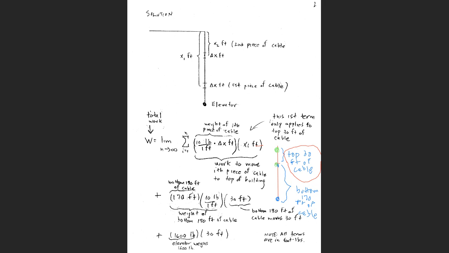I want to draw it kind of nice here. Here's the top of the building right here. Does the top 30 feet of cable reach the top of the building if the elevator moves up 30 feet?